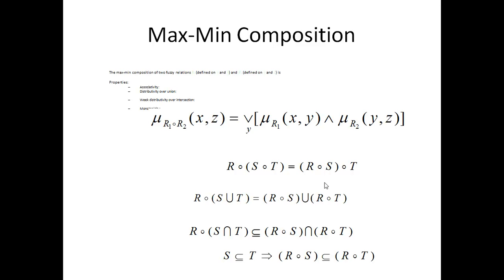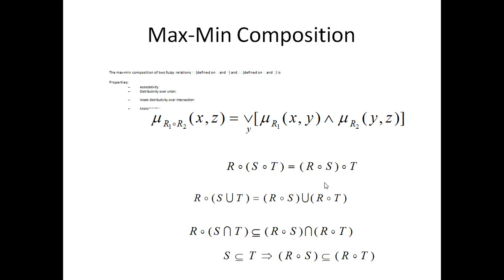Suppose we will find the composition of relations R1 o R2. So first of all we have to find the membership functional value for R1 o R2. Since we are finding the composition relation, the R1 o R2 is from the universe of discourse X to Z.